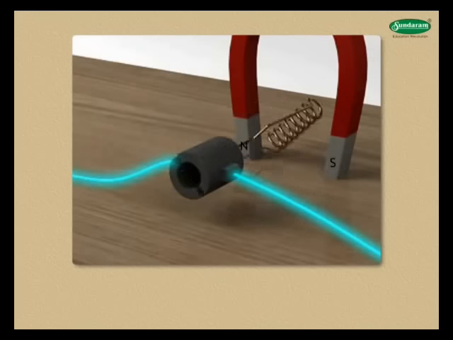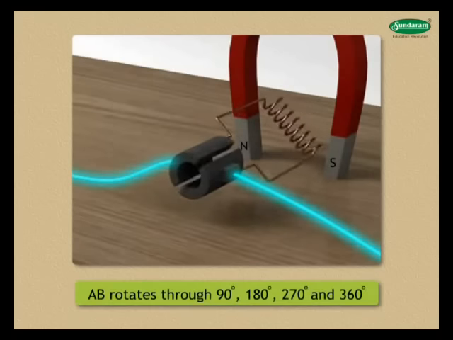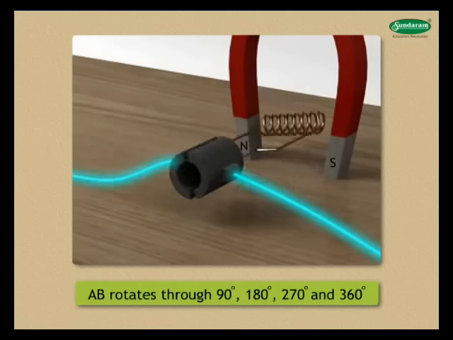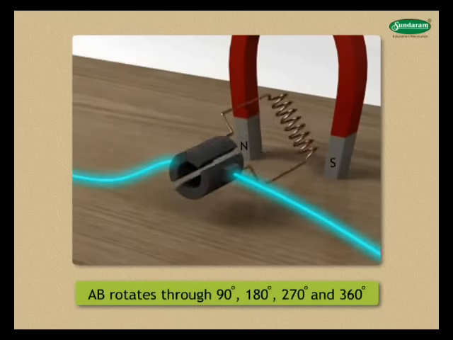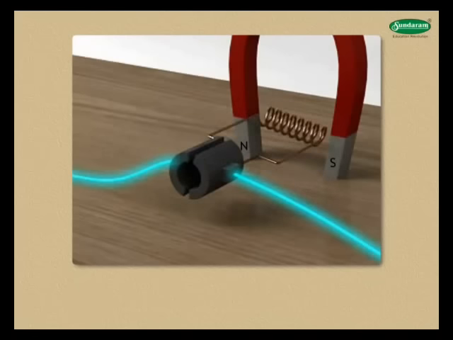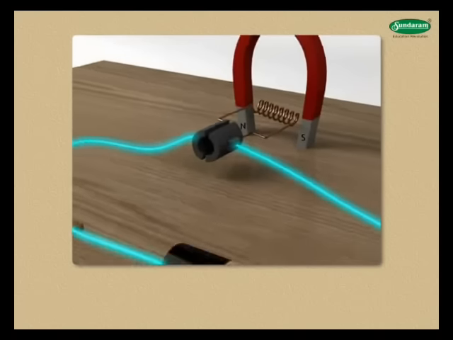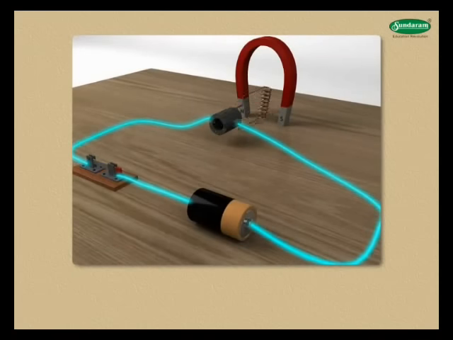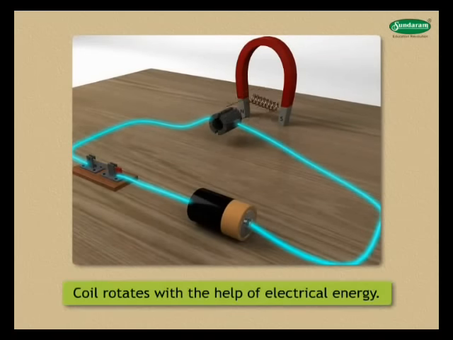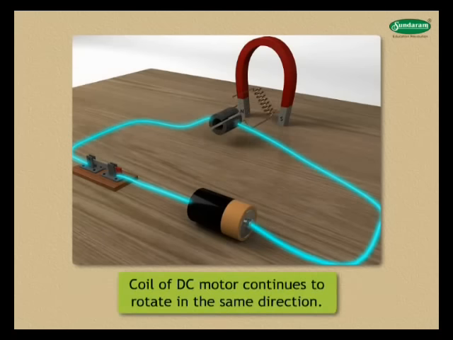Again, the current starts passing through the coil and the arm AB rotates through 90 degrees, 180 degrees, 270 degrees and 360 degrees. Now the force acting on arm AB is downward and on CD is upward. Again, this force moves the coil in clockwise direction. Thus, the coil rotates with the help of electrical energy. The coil of a DC motor continues to rotate in the same direction.